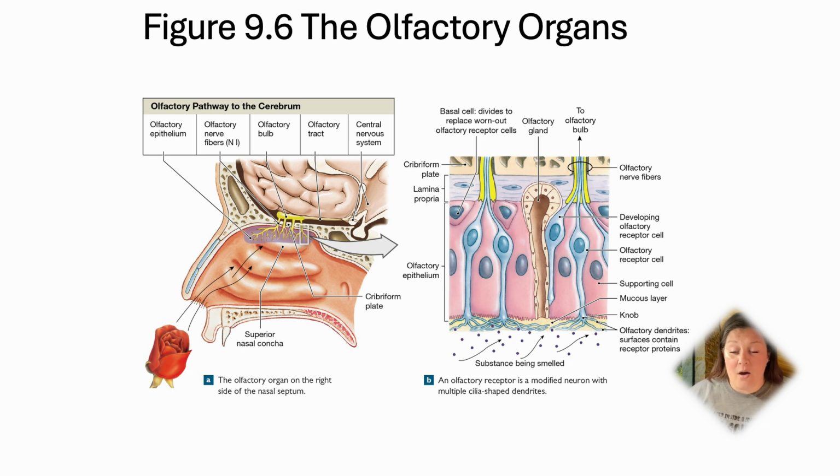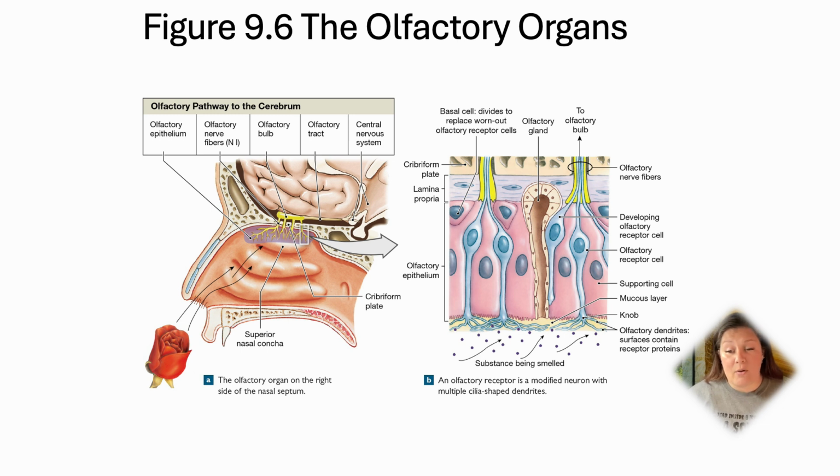Within the epithelium, we have the olfactory dendrites. Dendrites, where we start our communication with a neuron, right? So these dendrites are integrated all along the olfactory epithelium, and with this mucous membrane here, they're going to capture these chemical components.